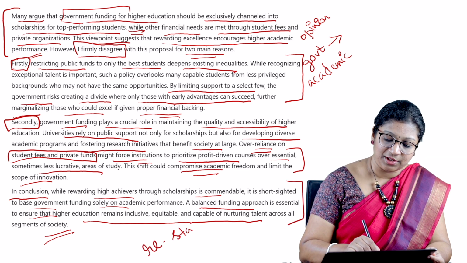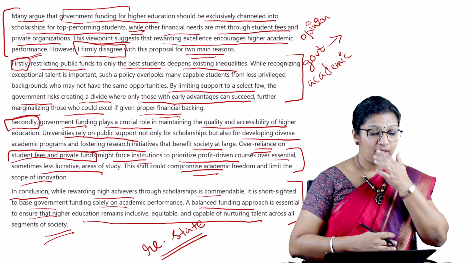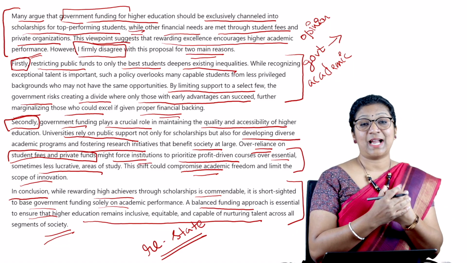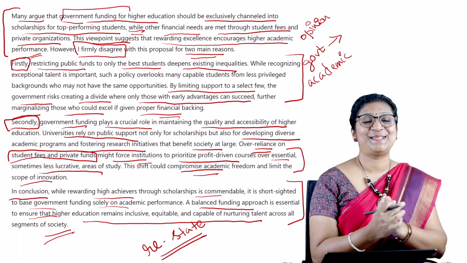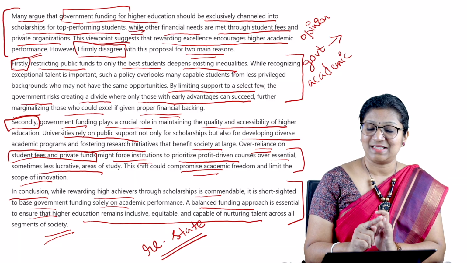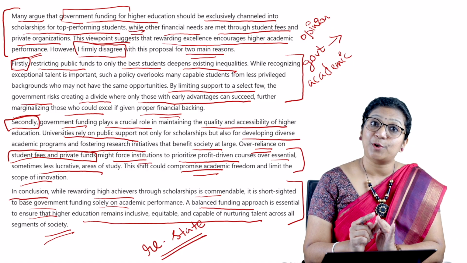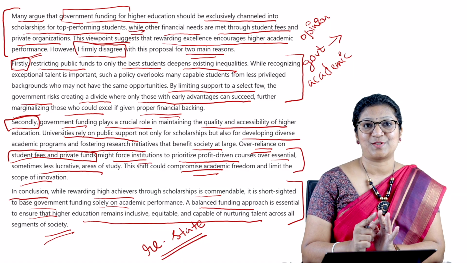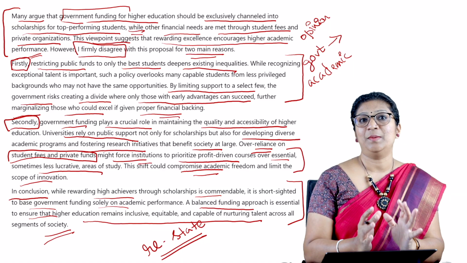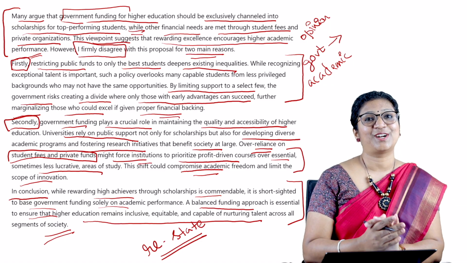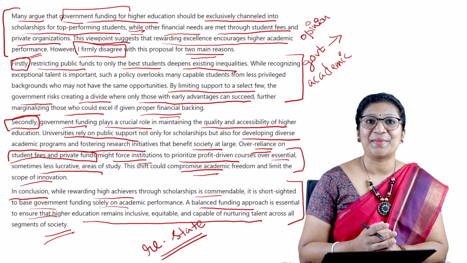It clearly states that I do not agree with government only focusing on the academically well-performing students. So I hope you've got an idea of the analysis of the question, how you should have approached the question, what are the three different ways of writing this response, and we've chosen one particular method which is a strong disagreement essay, and how you can structure your essay if you've chosen that path.